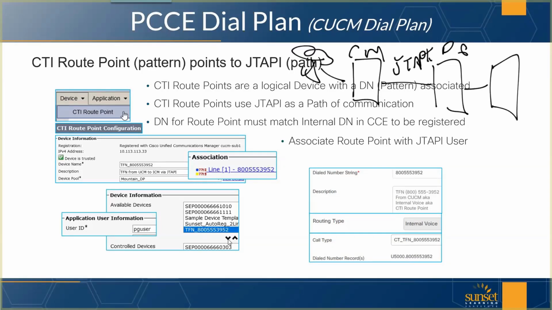What I'm creating is a route point that allows an agent to dial a particular number, have that delivered via the JTAPI link directly to ICM rather than go via CVP.